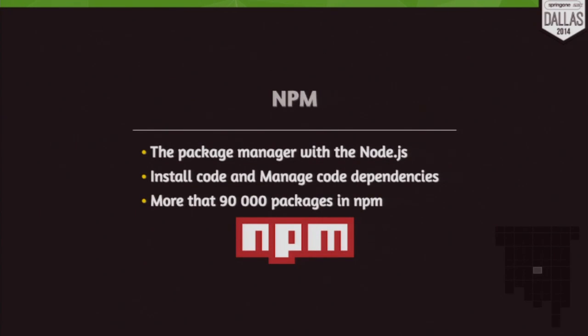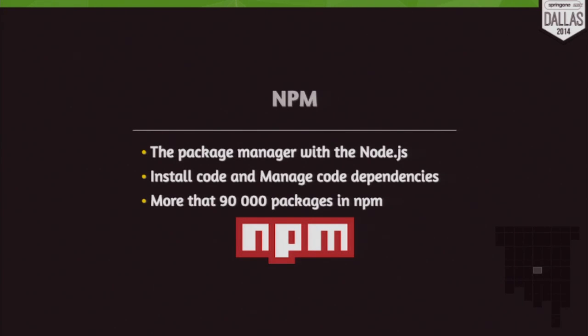To be able to look at all the modules and packages that you have available, there is NPM. And inside the NPM repository, there are 90,000 packages available. That's what I said before. There is a lot of things happening in the JavaScript community.